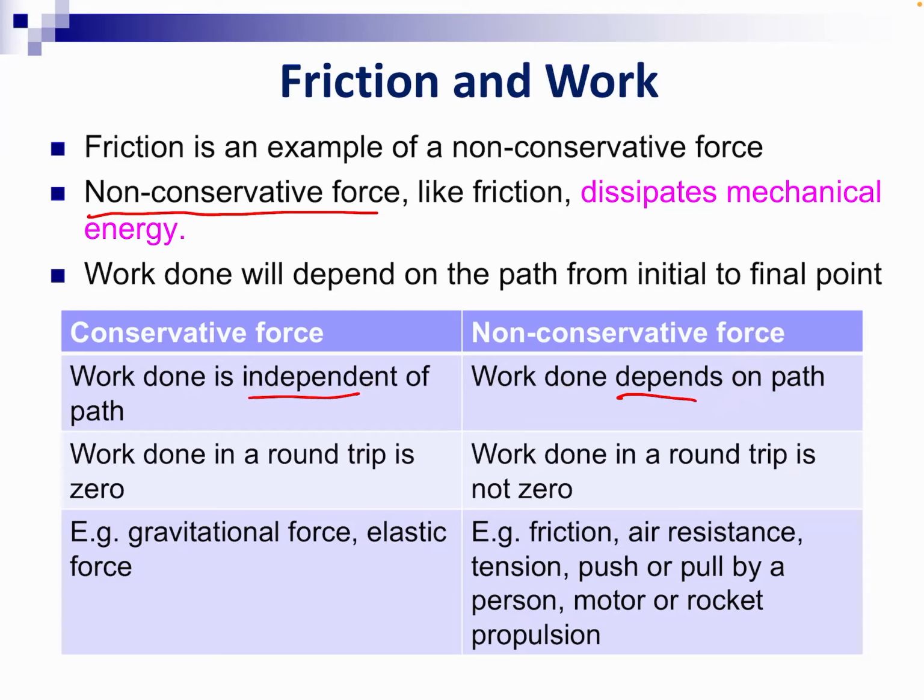If you drag something across a rough surface, it matters whether you drag it along a long path or a short path. Along a long path, friction will dissipate more mechanical energy into heat, whereas for gravitational force, it doesn't matter whether you lift it directly up or through a stair or ramp.